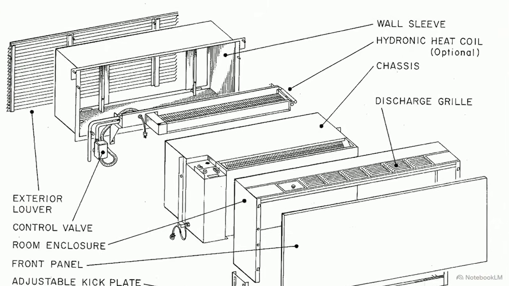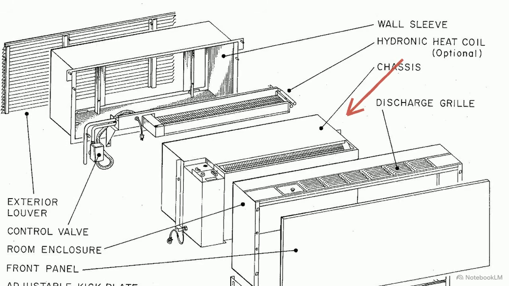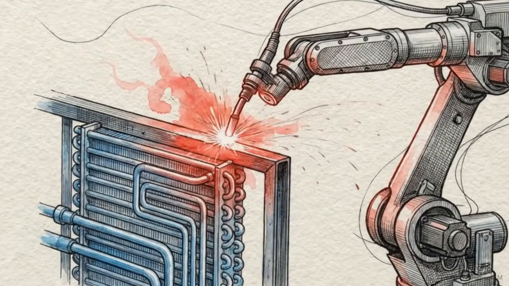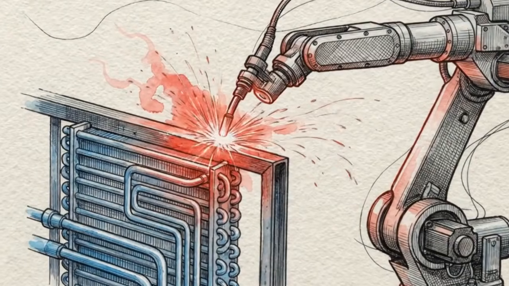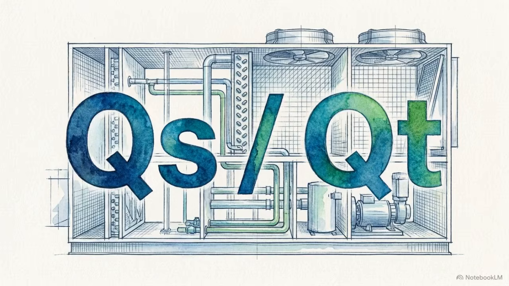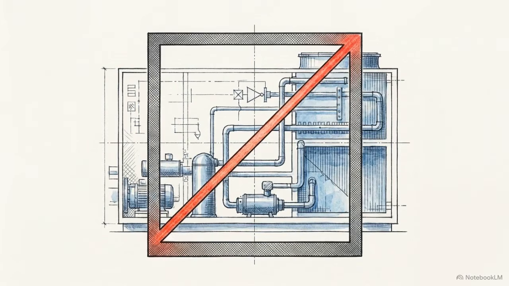As shown here, the cooling system and heat section combine within a rigid, self-contained chassis fitting squarely into a single wall sleeve. Because the airflow rates and coil geometries inside that chassis are permanently set at the factory, their performance envelope is entirely locked. The mathematical representation of this rigid envelope is the sensible heat ratio, or SHR. For typical unitary commercial equipment, this ratio is locked at roughly 0.75.